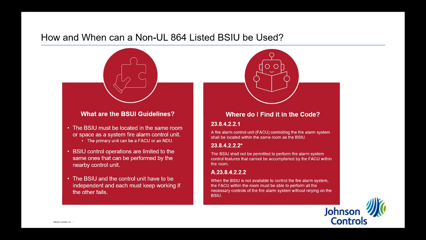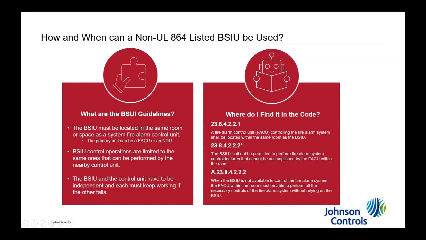The BSIU and the control unit have to be independent of each other and must keep working if the other fails. Obviously, if the fire alarm control unit fails, that's where all the devices are connected, so the BSIU is not going to have the system continue to run. That's what the code sections on the right say about that.